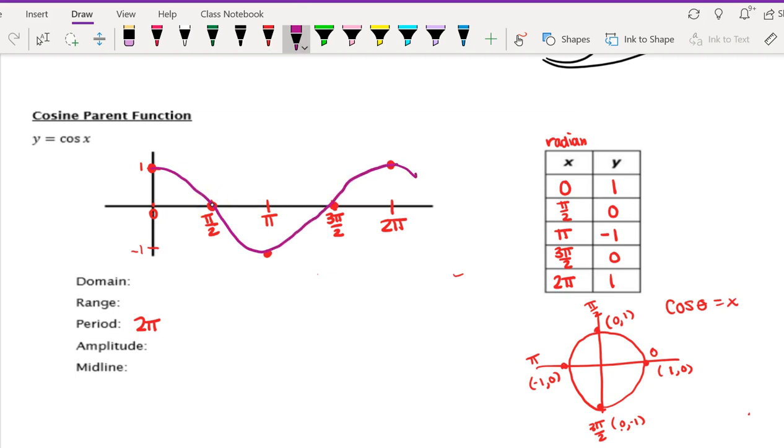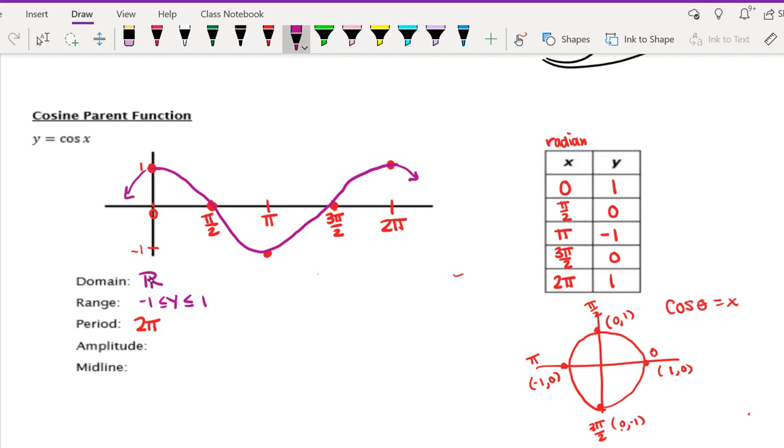But if we were to continue, my next move would be go back down. And if I were going to go the other direction, I'm going to go back down. So you can see that the domain is all real numbers again, because my x values are going to continue. My range, I'm still traveling for the y values between -1 and +1.